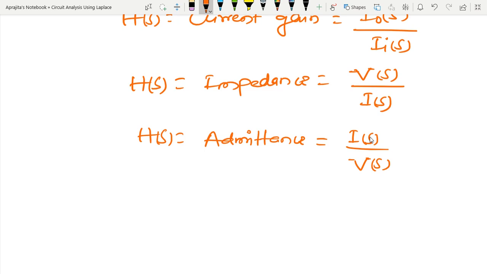If I know how the system responds for a unit signal, then I can understand how this system is going to behave if that input is multiplied by alpha or some gain beta.